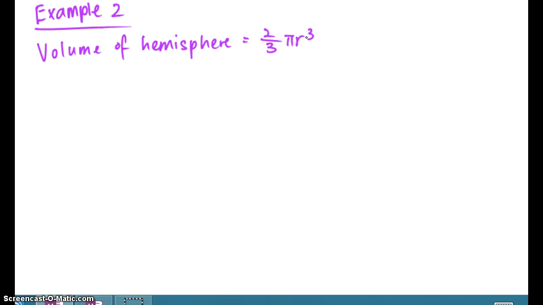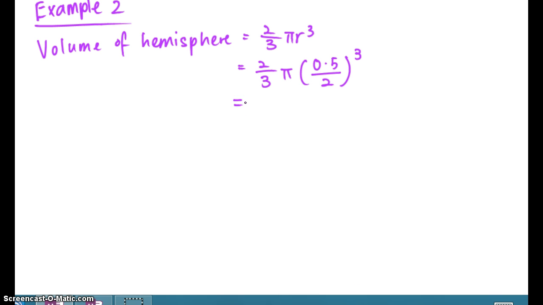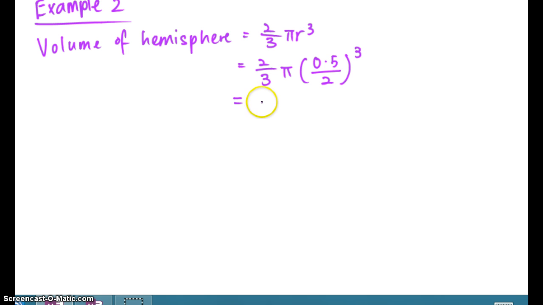Since we know that the diameter is 0.5 meters, we can now substitute into the formula as 0.5 divided by 2, since diameter is twice radius. With this, we can now calculate the volume of hemisphere.